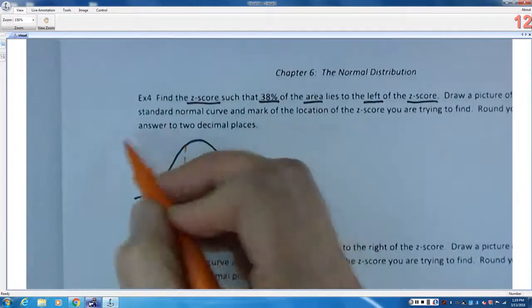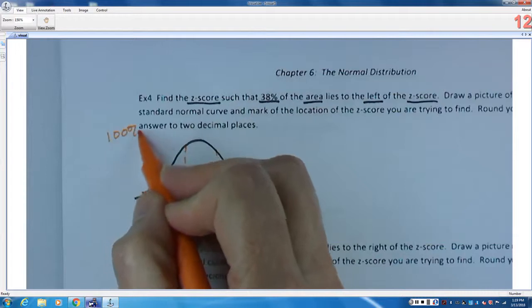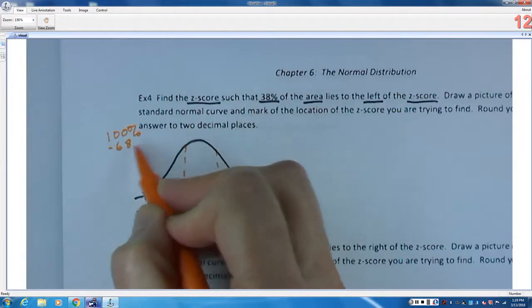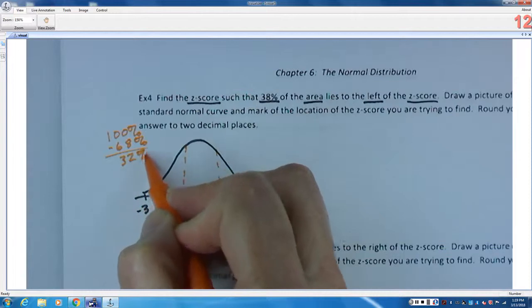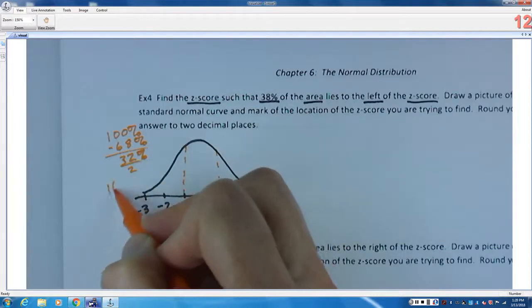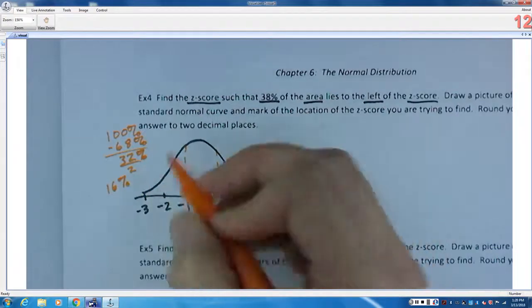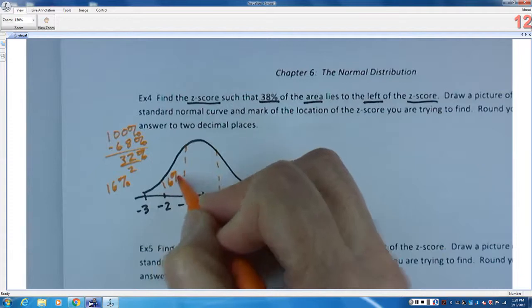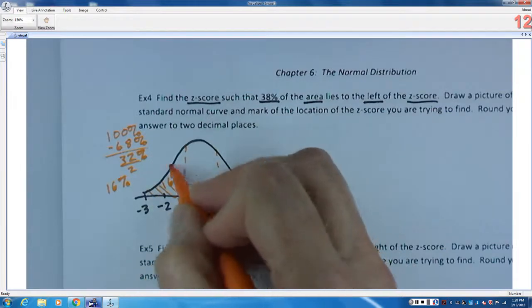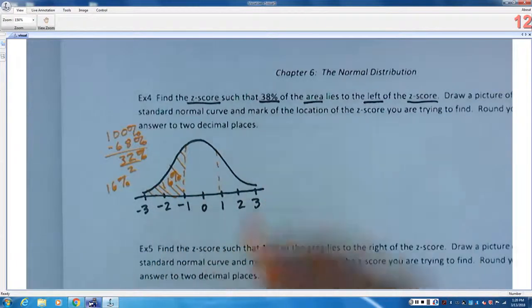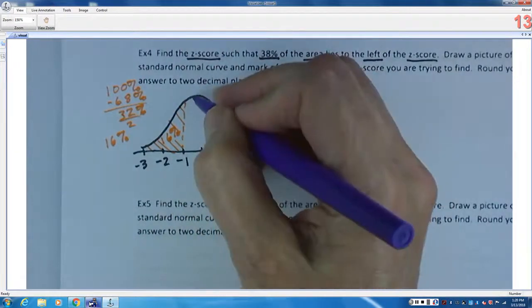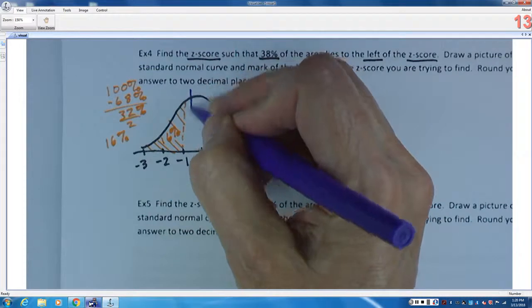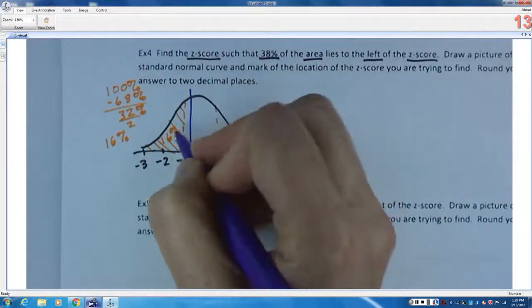So 100% minus the 68% is 32%, and half of that for the two tails is 16. So we got 16% here. So 38% is going to have to lie between -1 and 0 because 50% is there. I was just trying to figure out where to put this line.